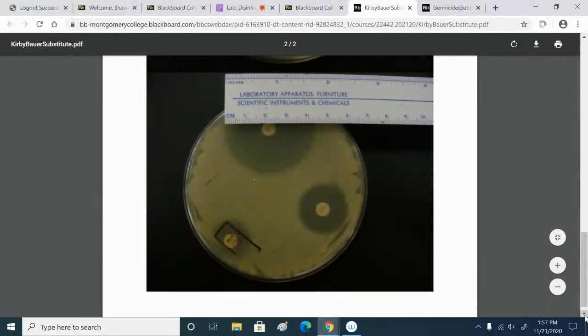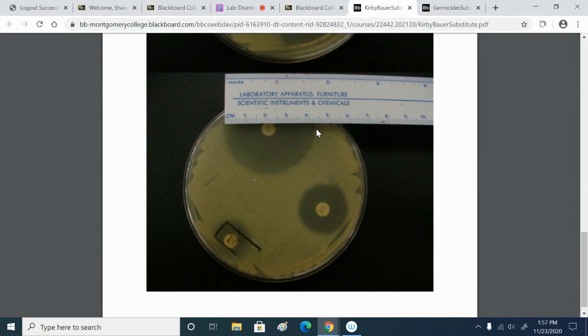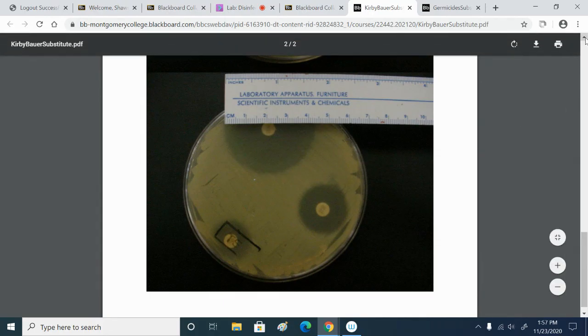On the second plate here we're measuring the penicillin disc. So from edge to edge, it's around, like, 44 millimeters. So 44 millimeters for penicillin.